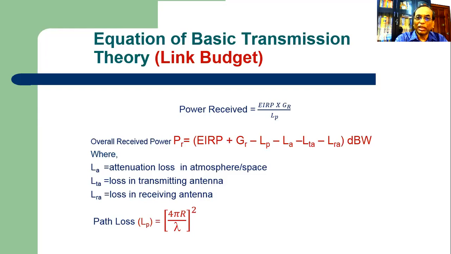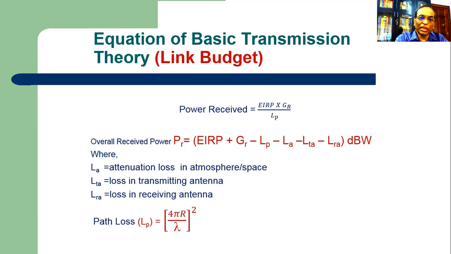So there are at least 4 loss factors: LP, LA, LTA, and LRA. If we calculate the power in decibel and decibel watt, then the factors will be mutually additive and subtractive.